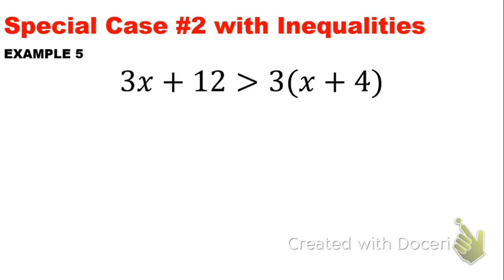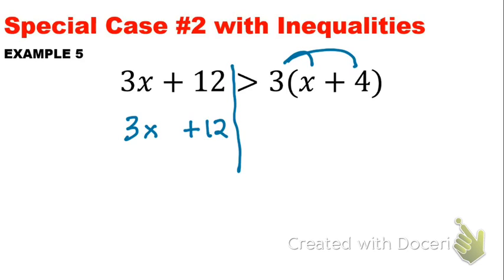All right, example 5. Again, this is going to be the left-hand side. Nothing happens on the left-hand side. We will multiply 3 times x and 3 times 4. This is 3x plus 12.